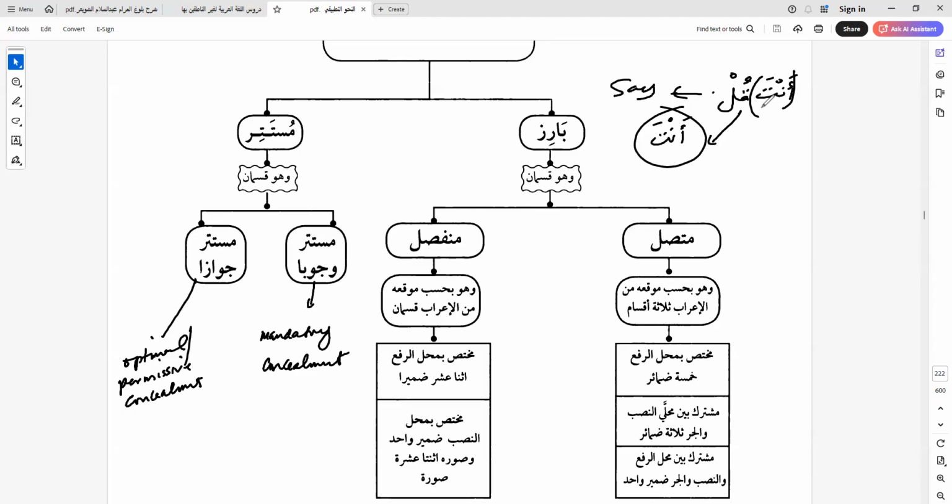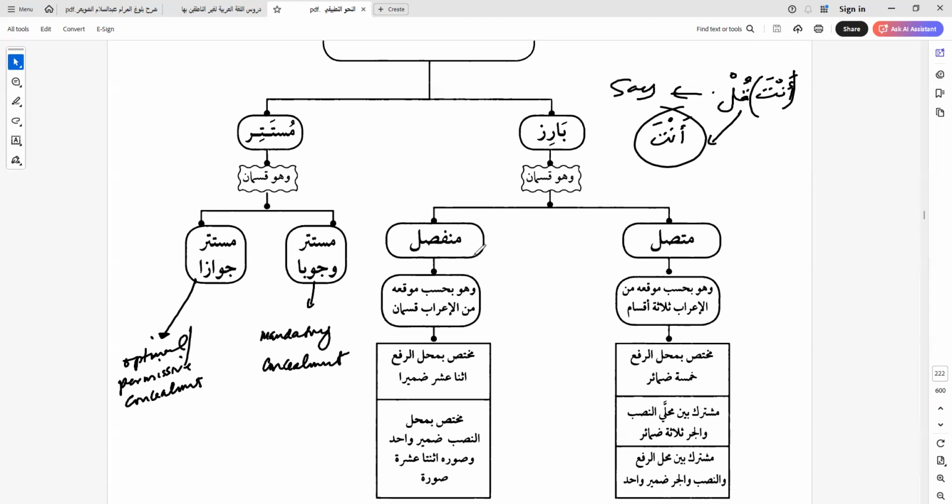Don't say anta qul, just say qul. So this anta is damir mustatir. And then there are some damir mustatir that you have the option to either hide or not. It's optional, it's jawaz. It's not mandatory to hide them, but it's permissive if you want. So you determine whether to let that damir out or hide it. So damir mustatir ends there.